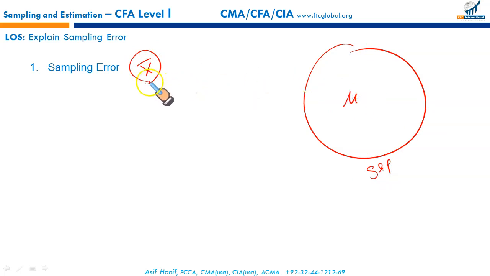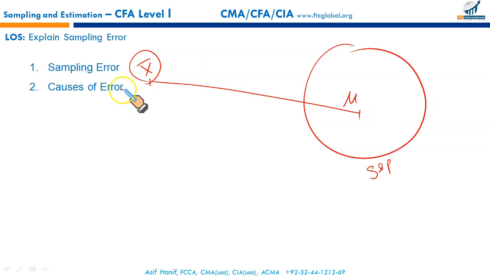How close is this sample mean or sample statistic to the population mean? Or in other words, the difference between the sample statistic and the population parameter. This is what you call the sampling error. The difference between the sample mean and the population mean in our example is called sampling error.